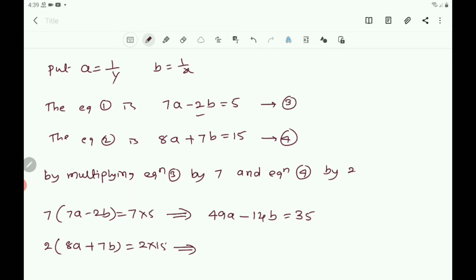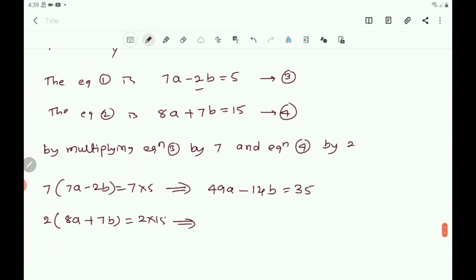Next, 8 twos are 16a, and 7 twos are 14b, so plus 14b equals 15 twos are 30. Now you take this as the fourth equation and that as the fifth equation.